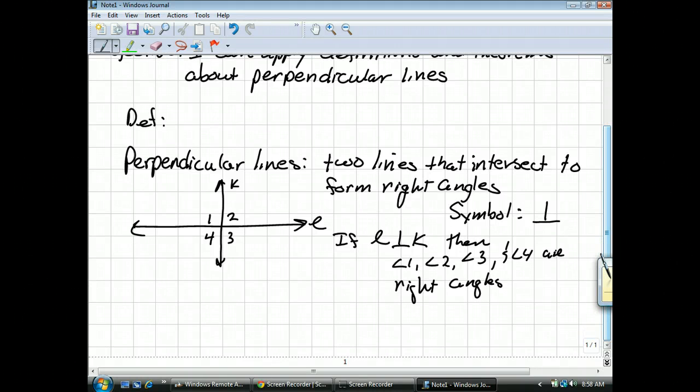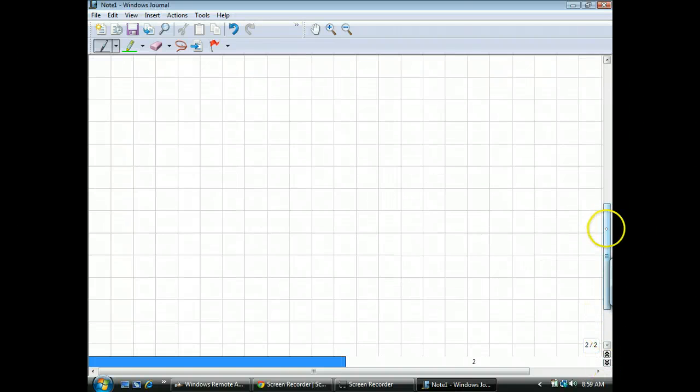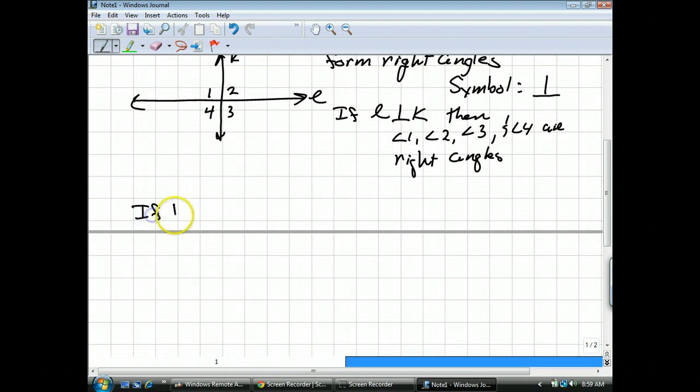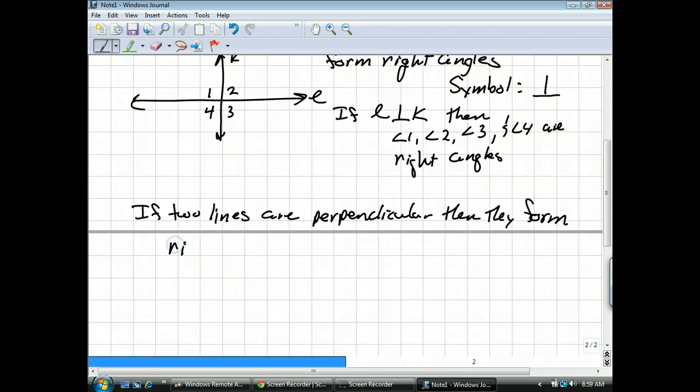And the definition of perpendicular lines is actually a biconditional because the conditional and its converse are both true. The conditional would be: if two lines are perpendicular, then they form right angles.